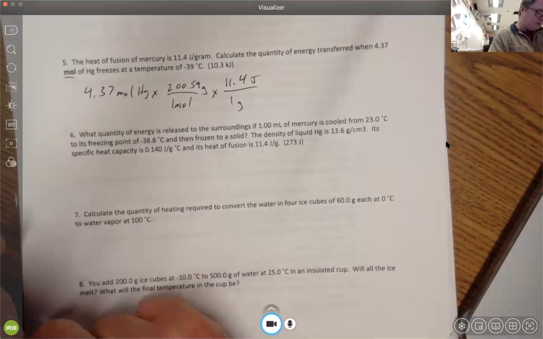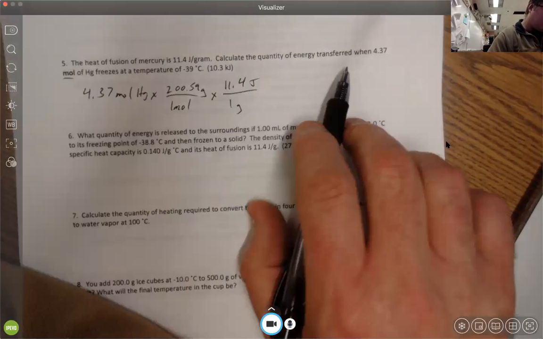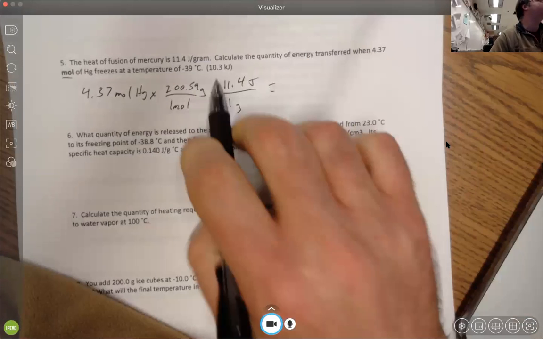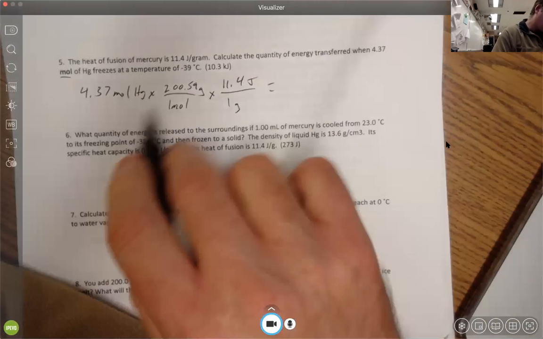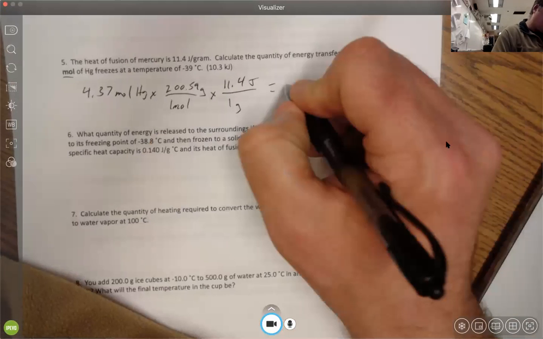gives us, what do we got? 3 significant digits. So I didn't get 10.3 kilojoules. I'm not sure if they used something different from the periodic table, but that comes out to 9,993.